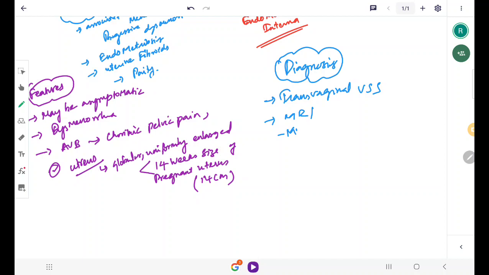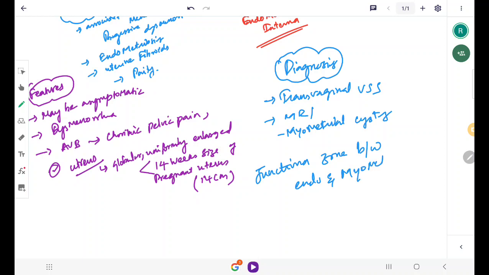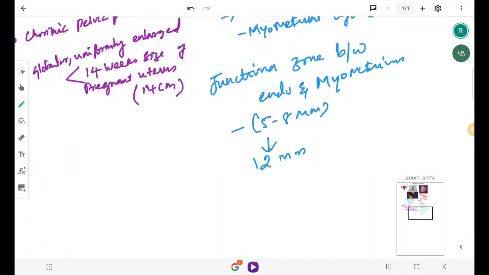So usually, speaking about the junctional zone between endo and myometrium, the normal size is around 5 to 8 millimeters, but in adenomyosis it's greater than 12 millimeters, and that gives us the diagnosis of adenomyosis. And also you can do uterine biopsy, right?